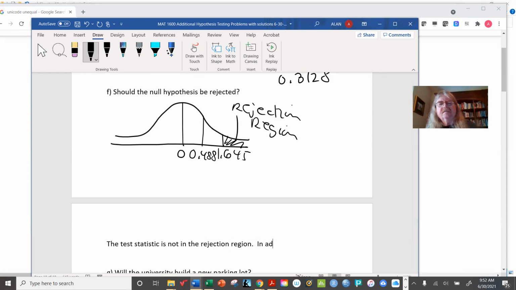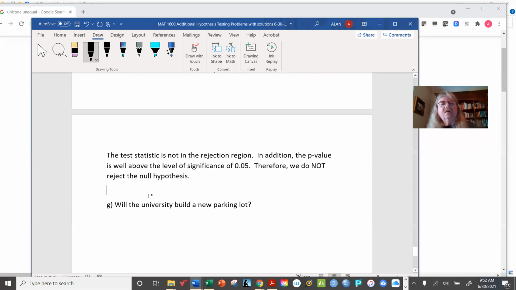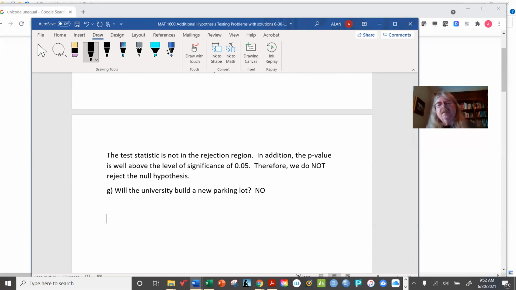In addition, the p-value is well above the level of significance of 5%. Therefore, we do not reject the null hypothesis. And sadly enough, that means no new parking lot, because there's not enough evidence that the proportion is high enough to justify it.